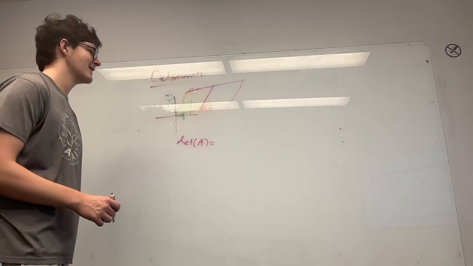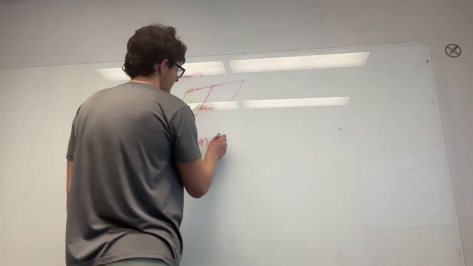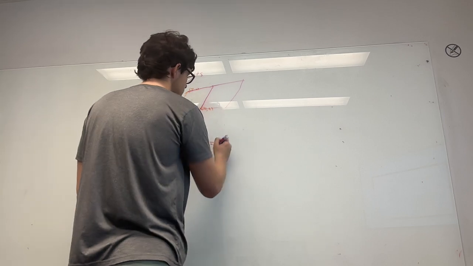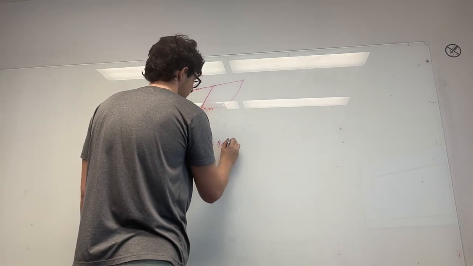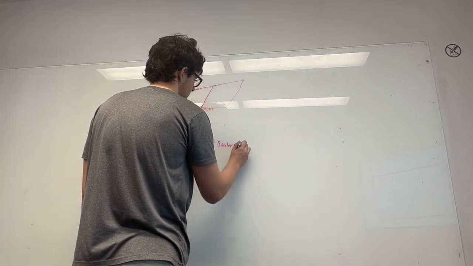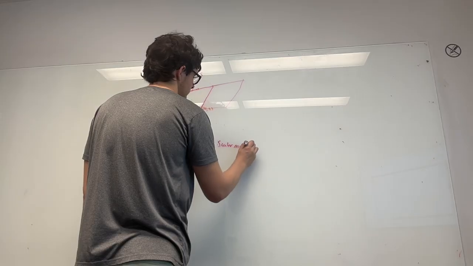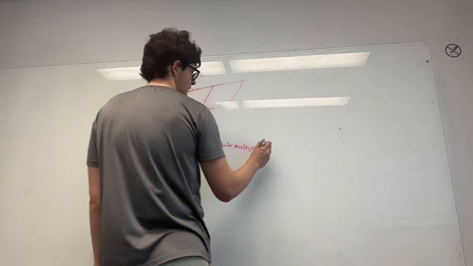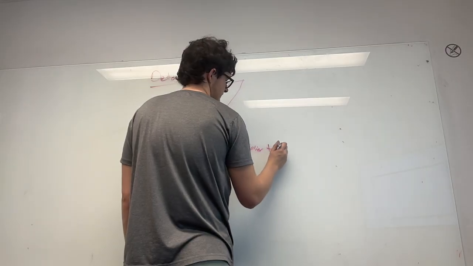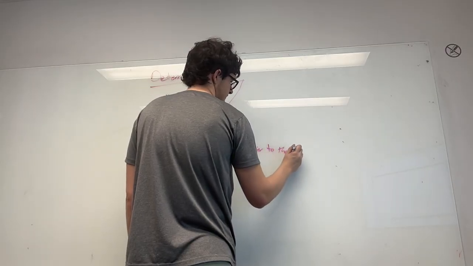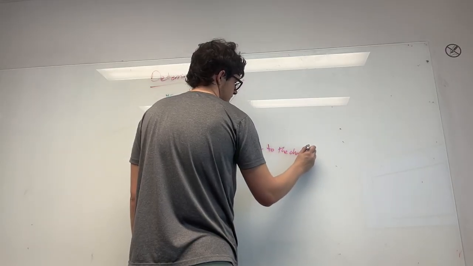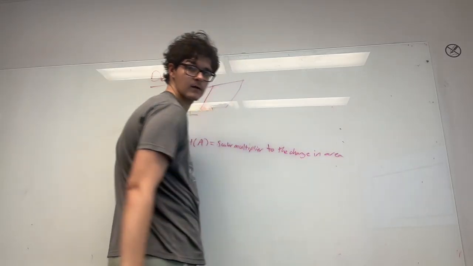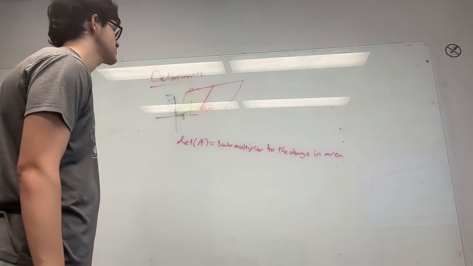The determinant of A is equal to the scalar multiple, multiplier, to the change in area. Scalar multiple to the change in area.